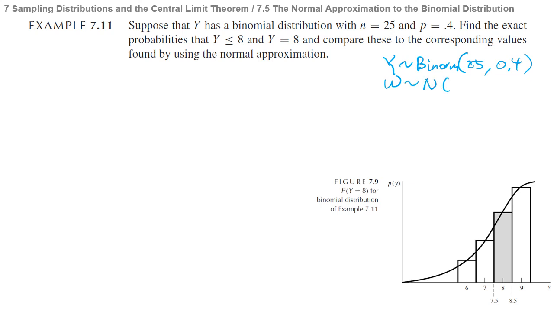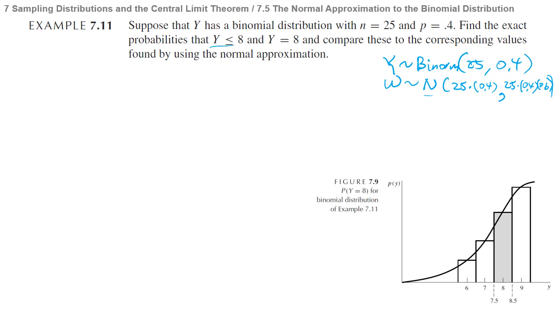This binomial distribution converges to a normal with mean np, 25 times 0.4, and the variance is npq, so 25 times 0.4 times 0.6. That's the corresponding normal distribution.